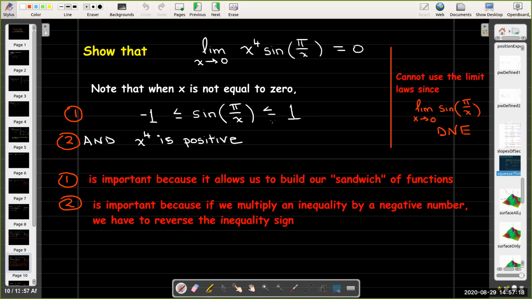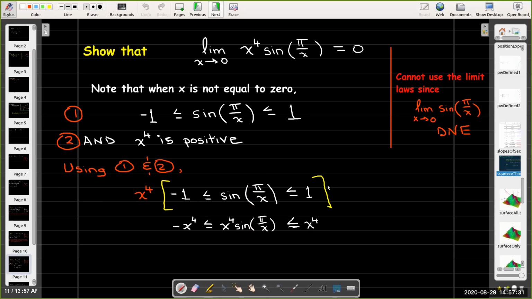We want to keep these inequality signs as they are, at least whenever x is close to 0. And so we're always going to have a positive number. So if I put those two together, I can multiply my initial sandwich by x to the power of 4. Then when I multiply that, remember that I have to distribute this multiplication to all three parts of this inequality.